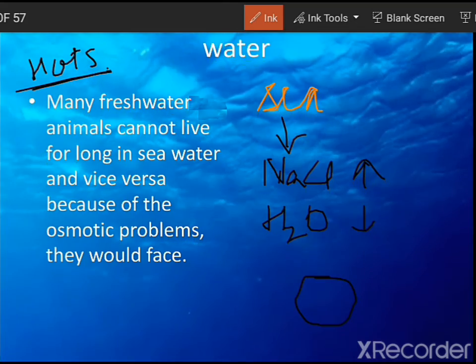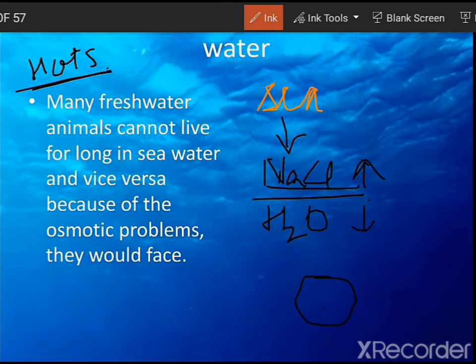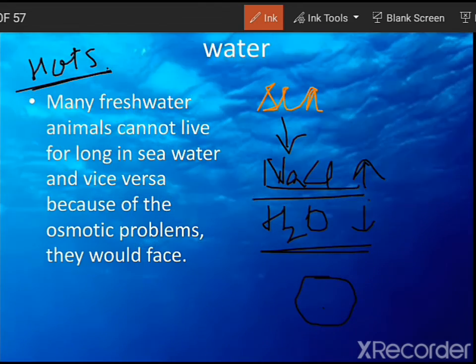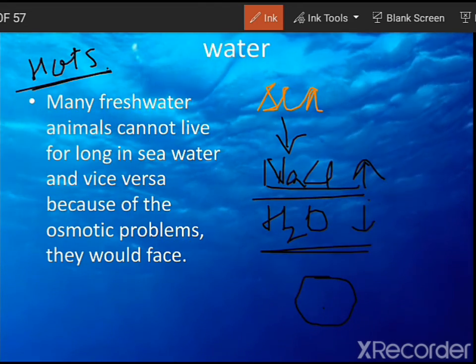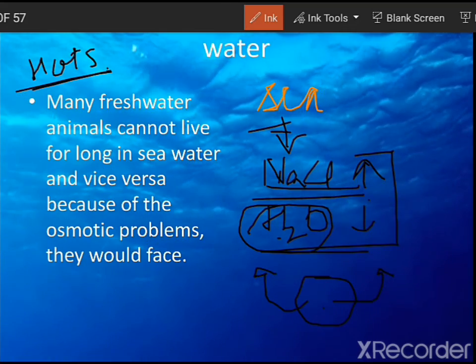Here the NaCl is more in water, so NaCl will be less in the fish. The concentration of water is less in the sea, but comparatively high in the fish. So water will move from the fish towards the seawater.